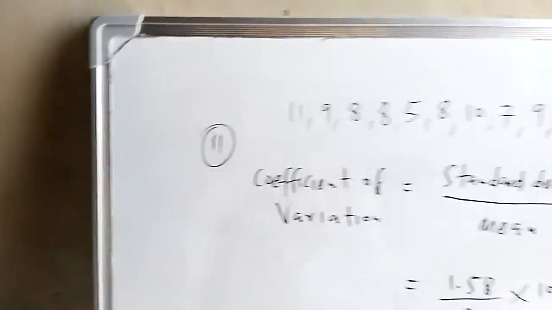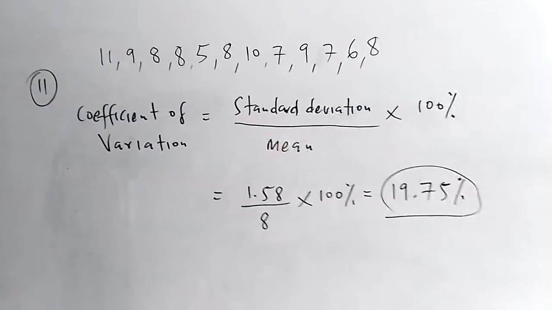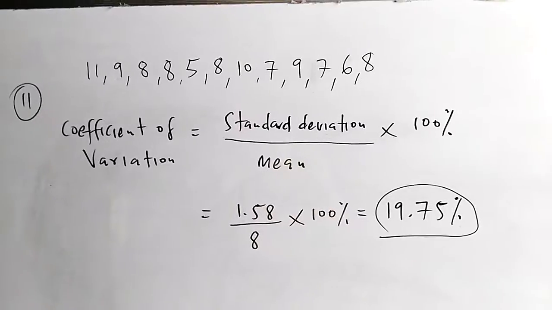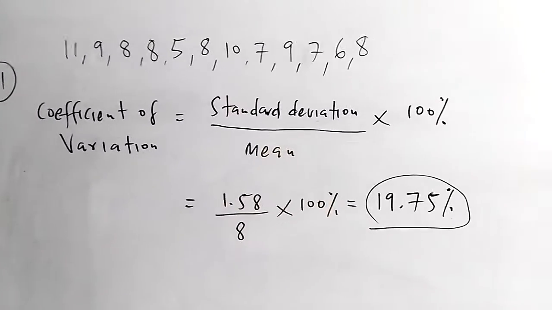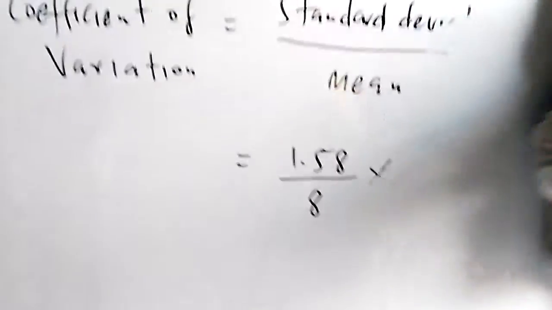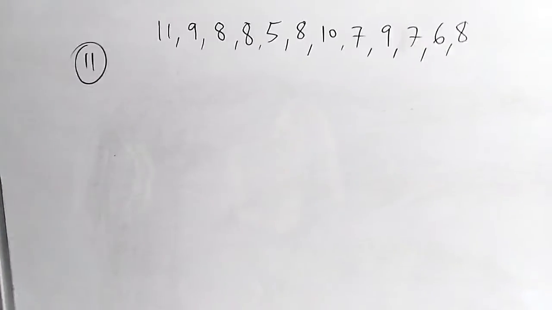The last one now, question 3, is the skewness. So for the skewness, again, we are given the formula as mean take away mode divided by the standard deviation.